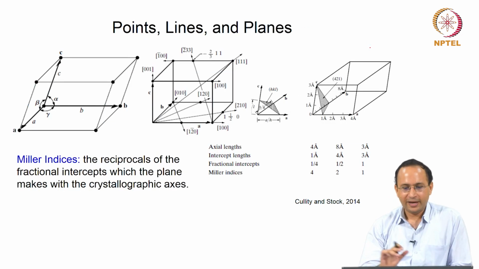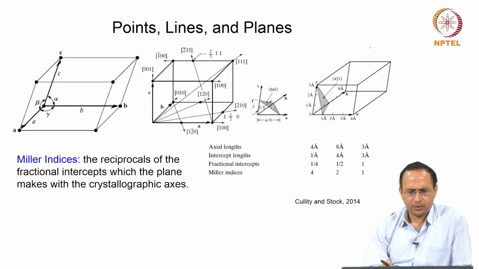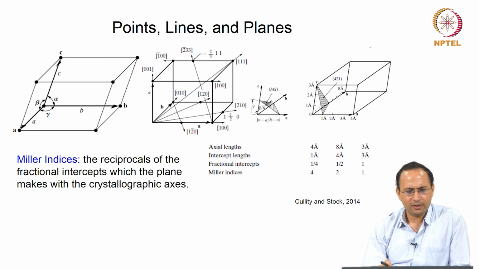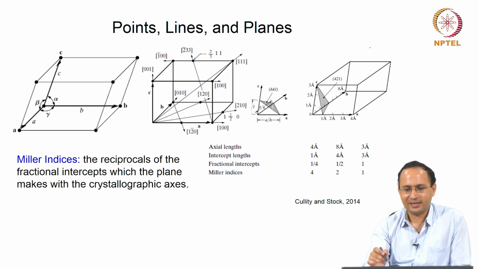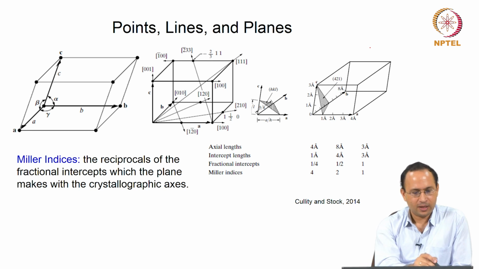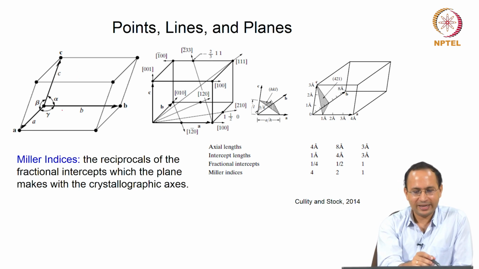A little bit of background. You may already be familiar with this, but for completeness, it is important to review the basics. So, points, lines and planes. In a crystal, what is specific is that we are talking about lengths a, b, c in 3 dimensions, along x, y, z.